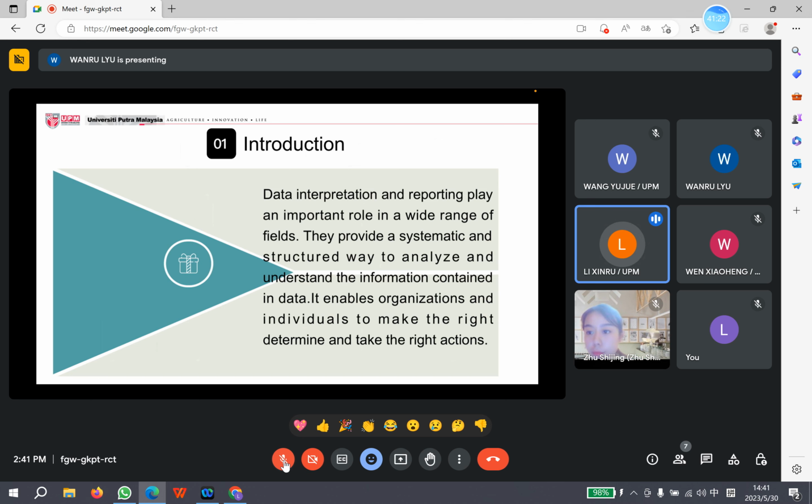They provide a systematic and structured way to analyze and understand the information contained in data. It enables organizations and individuals to make the right decisions and take the right actions.